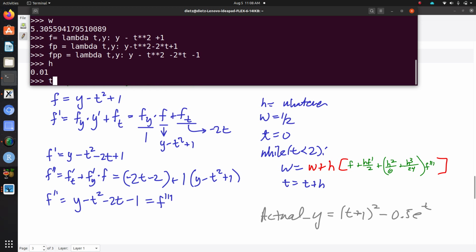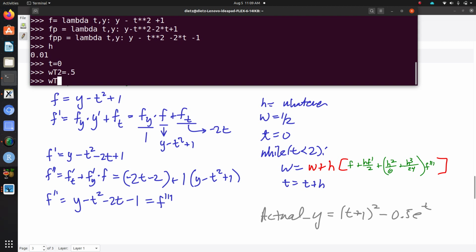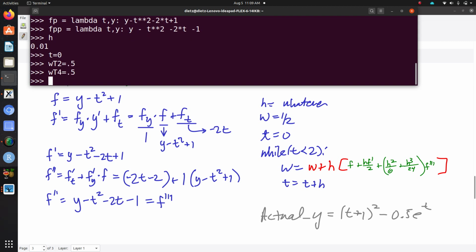I'm going to let T equal 0. But I need two W's now because I need W for T2 to be 0.5, and I need W for the T4 method to also be 0.5 because they're going to be going up differently from each other. Otherwise, this wouldn't be fair. All right.